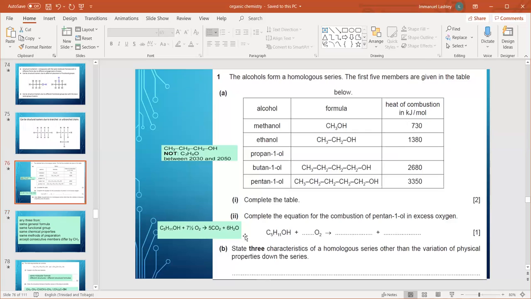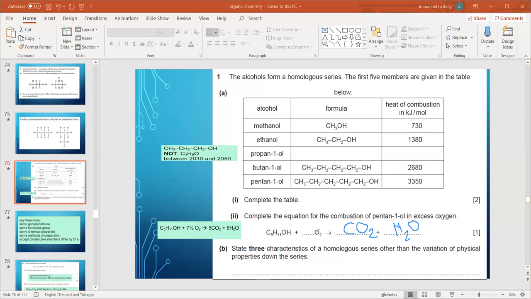All right, next part of the question. Complete the equation for the combustion of pentan-1-ol in excess oxygen. Anytime an organic compound undergoes combustion, it produces carbon dioxide and water.